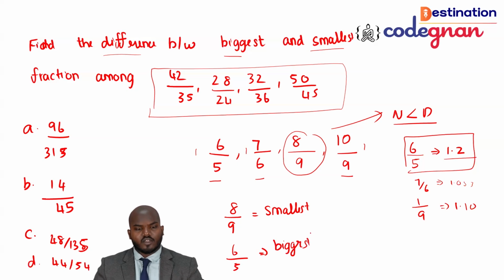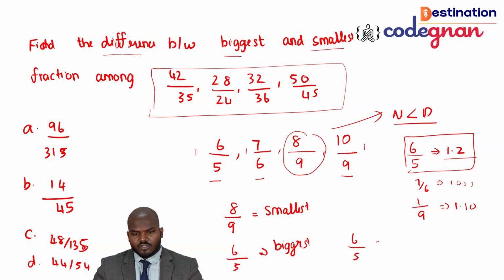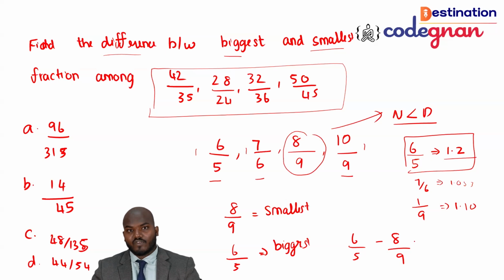Going onwards, we just want to find the difference between the biggest and the smallest. The biggest one is 6 by 5, minus the smallest one, which is 10 by 9. Taking the LCM, we directly know that the LCM is 45.